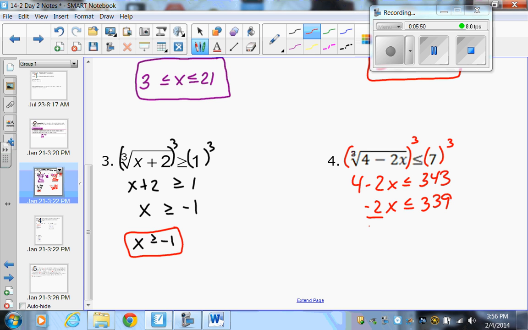As soon as I go to write that divide by negative 2, a bell should go off that I'm dividing by a negative, so automatically the sign gets flipped, so that becomes greater than or equal to. And 339 divided by negative 2 is negative 169.5. And again, we can have negatives under a cube root because this isn't an even index. So our answer is just x is greater than or equal to negative 169.5.